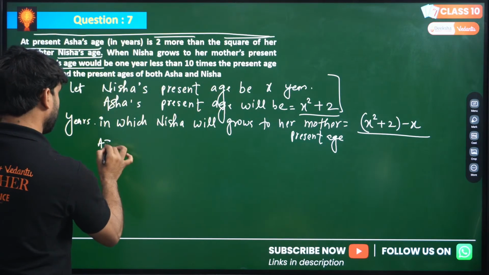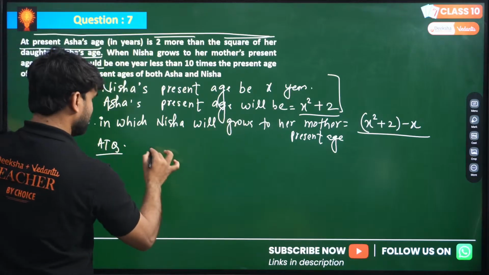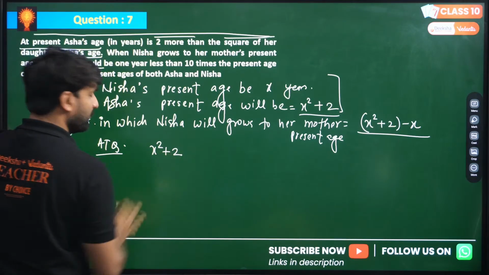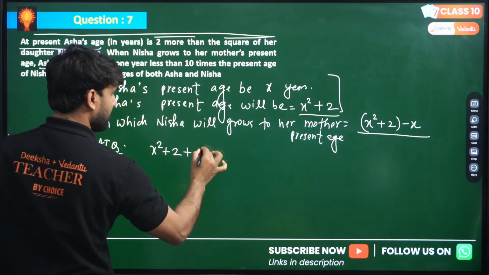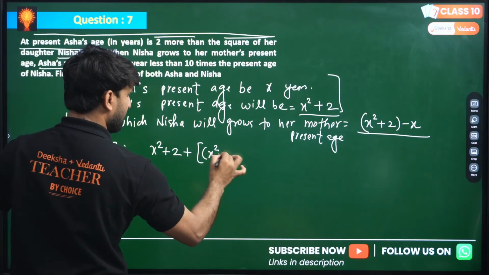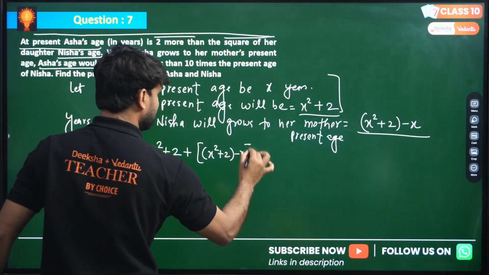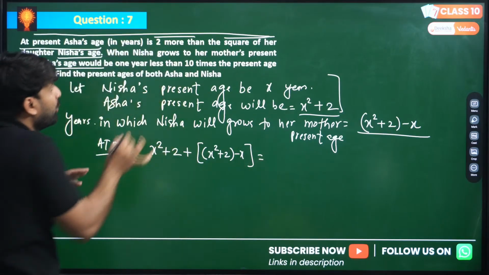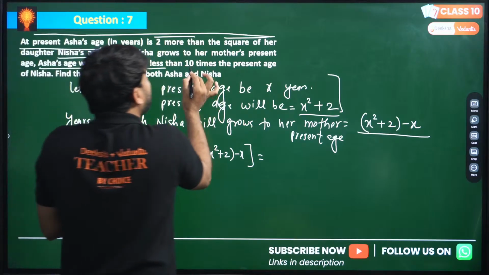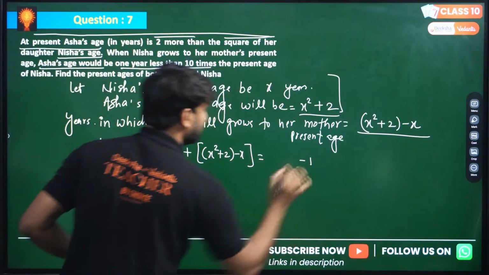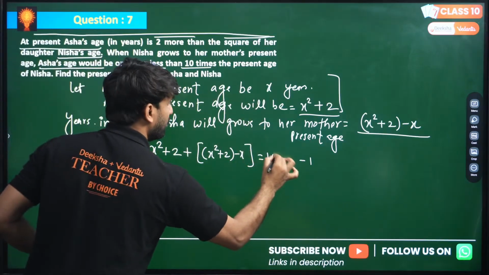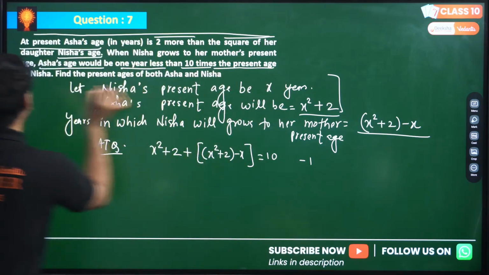So according to the question, x square plus 2 plus x square plus 2 minus x will be equal to 1 year less than 10 times the present age of Nisha.